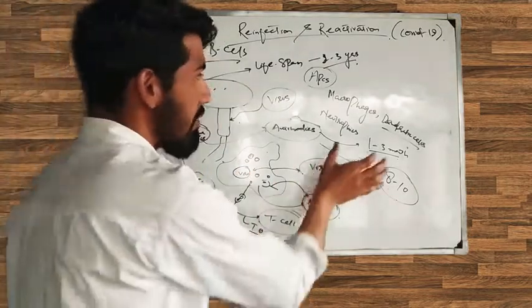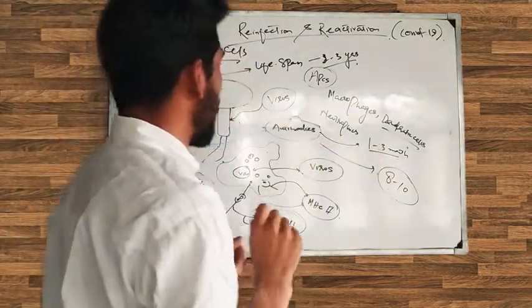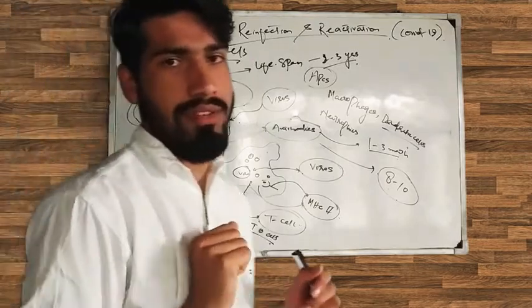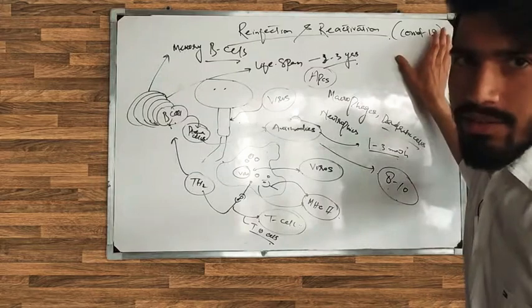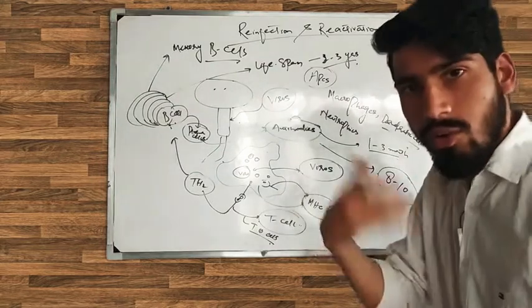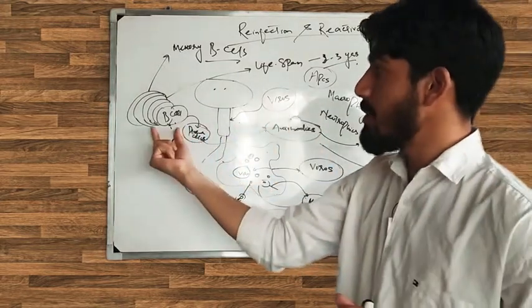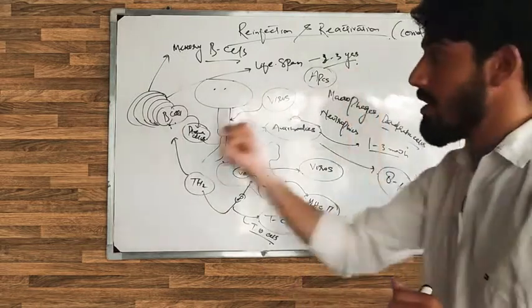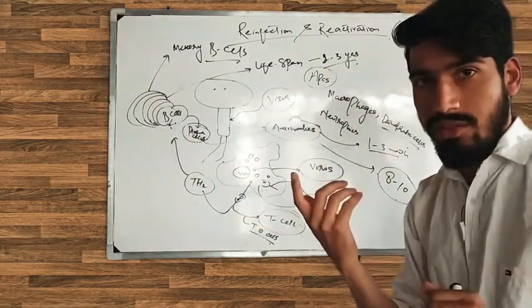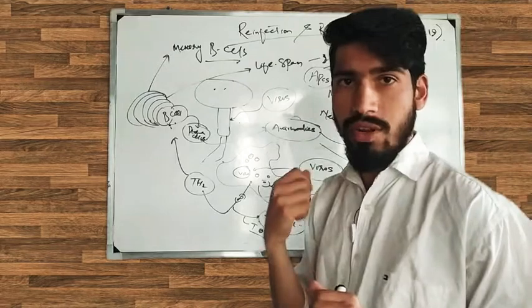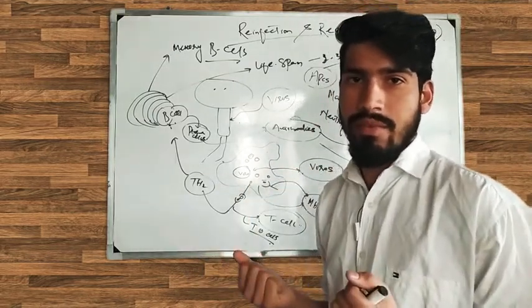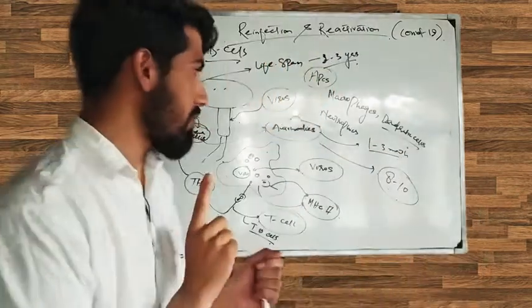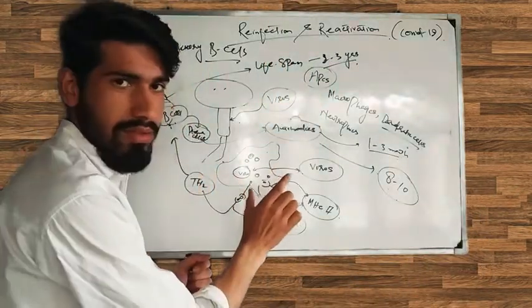It's a new virus. The studies are ongoing, but we cannot say that the B cells in COVID-19 may remain 2 to 3 years, or may remain 1 to 2 years, or may remain a few days. We cannot say. But this is the whole process when the virus comes.